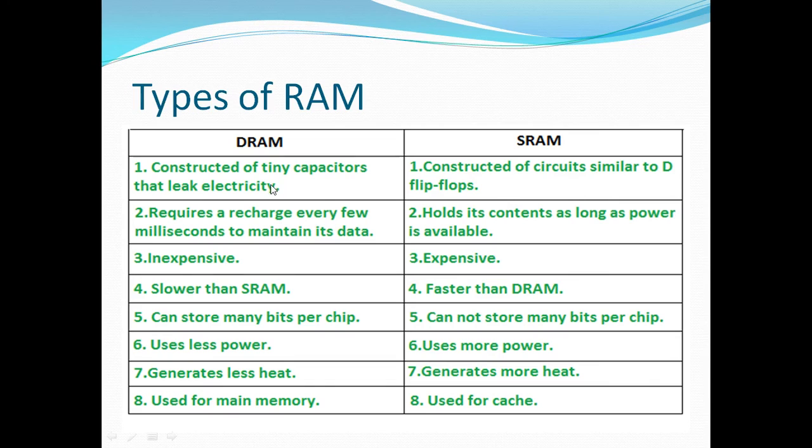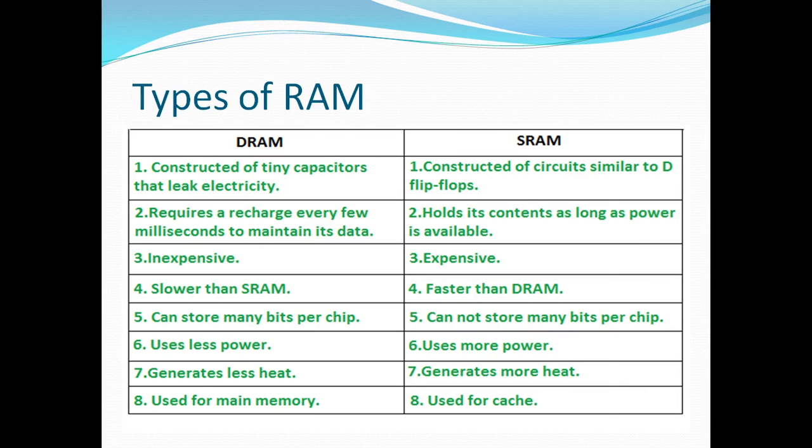This is one drawback of DRAM in comparison to SRAM, but it has some pros also. It can store many bits per chip, whereas the SRAM can't, because SRAMs are constructed through flip-flops, where one unit can be stored at one time.